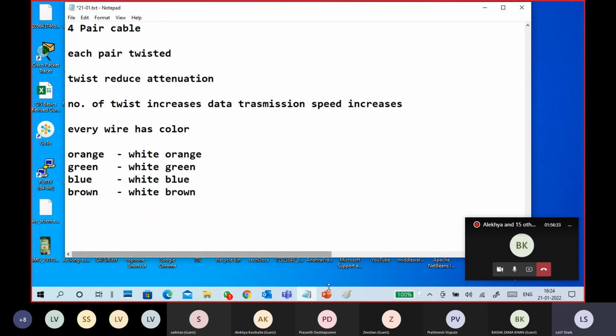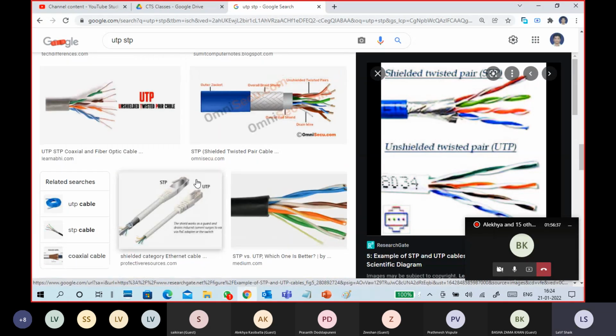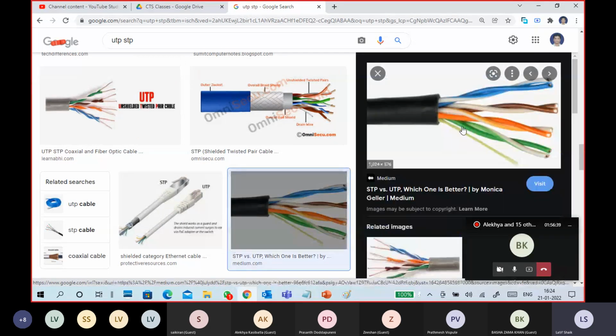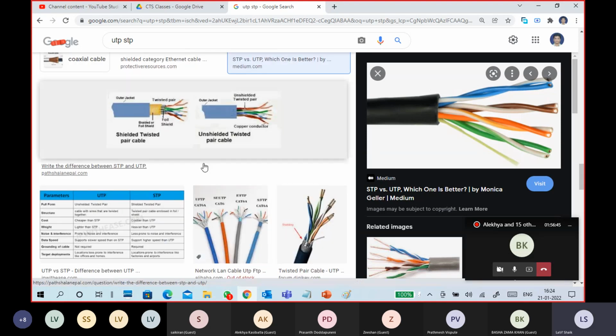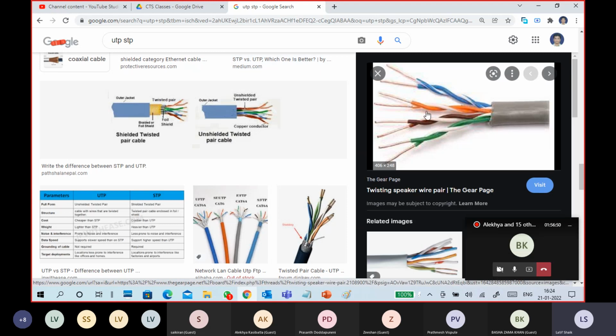I will show you once again. Look at this picture, a close-up. You can see a blue wire, and a white wire with a blue line on it. This is the orange wire, paired with a white wire with an orange line on it.